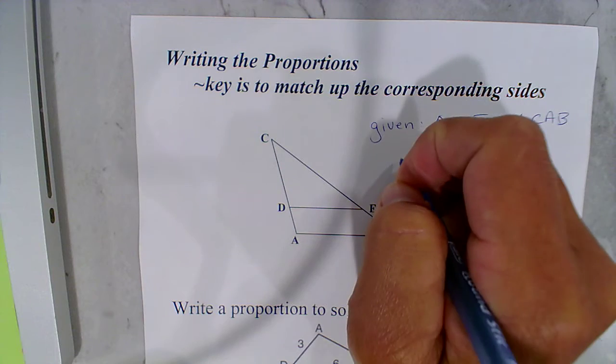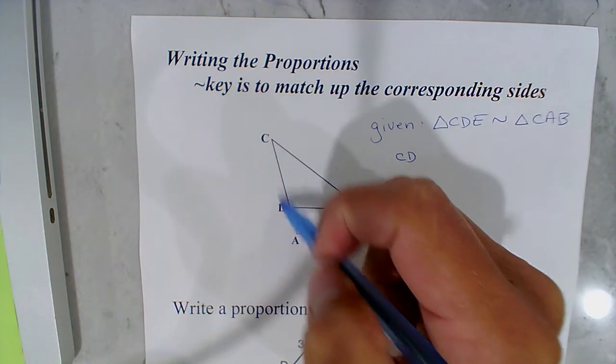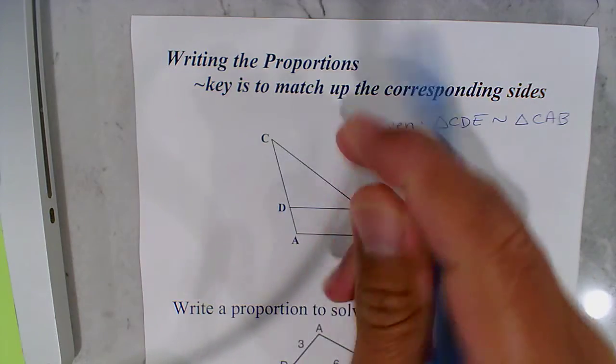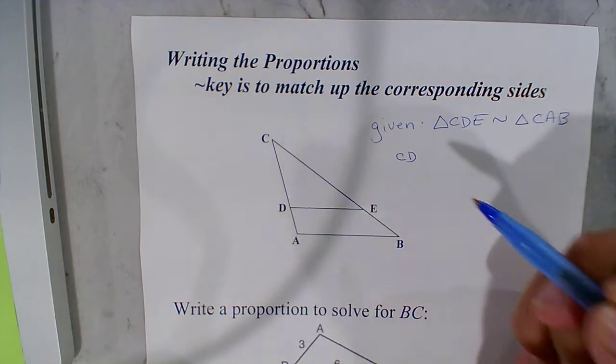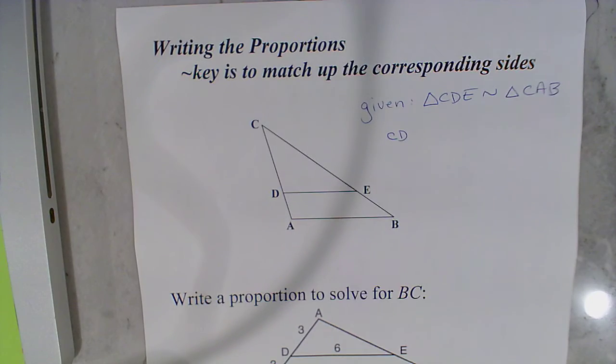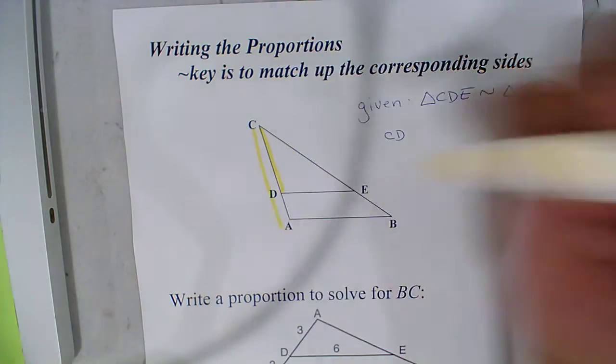If you match up the corresponding sides, like CD, this side of the top triangle. You see how it was like a dilation that pulled this out. So what's the corresponding side of the bigger triangle? If you're looking at CD, that goes with CA.